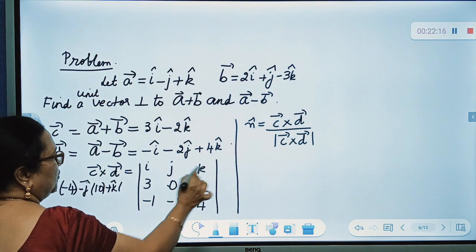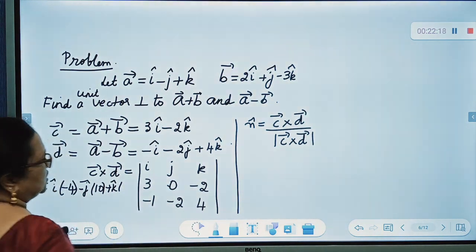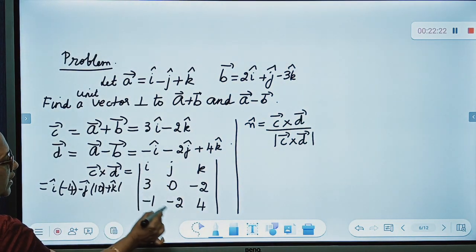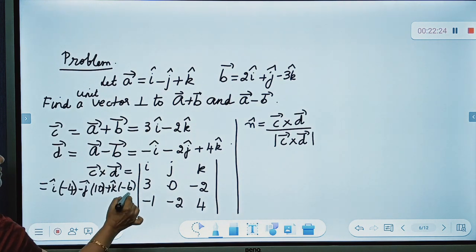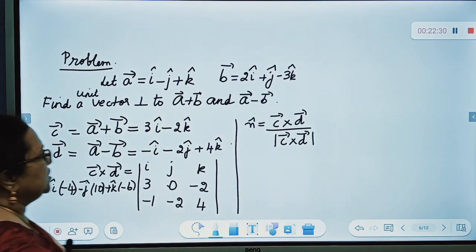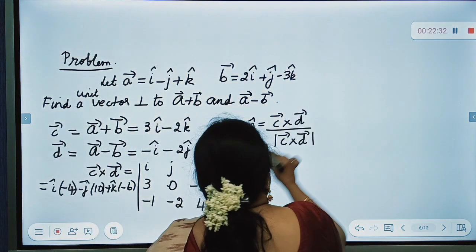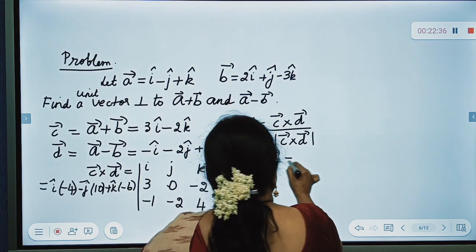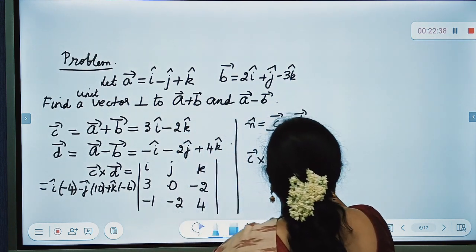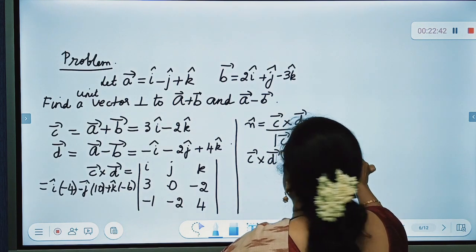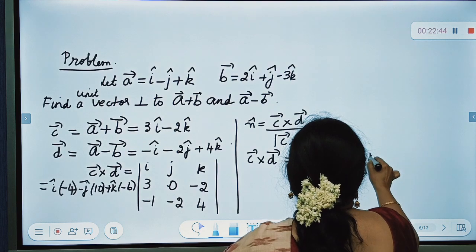If I leave out this column and row, I get 12 minus 2, which is 10. Plus k cap into, leave out this column and row, you will get minus 6. 3 into minus 2, minus 6, minus 0. So, C cross D will be equal to minus 4i minus 10j minus 6k.